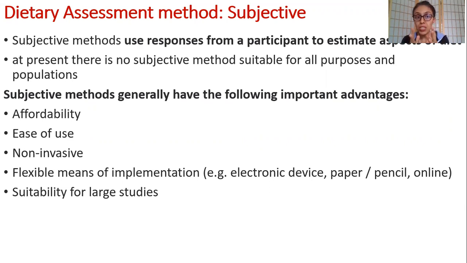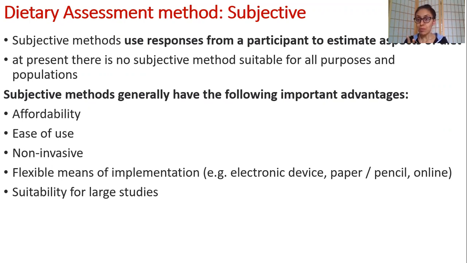All right. So subjective methods, over here, it is where the researcher is collecting data. You know how I said I collect data? It is not the participants who are just writing something and giving it to me. Okay, so yes, a subjective method uses responses from a participant to estimate aspects of diet and nutrient intake, and so on and so forth. Okay, so yes, but I'll be collecting the data. All right, but the issue over here is, oh, I'm so sorry.